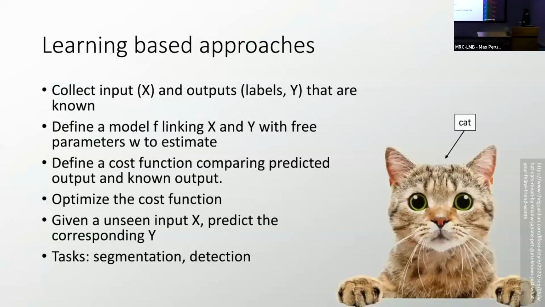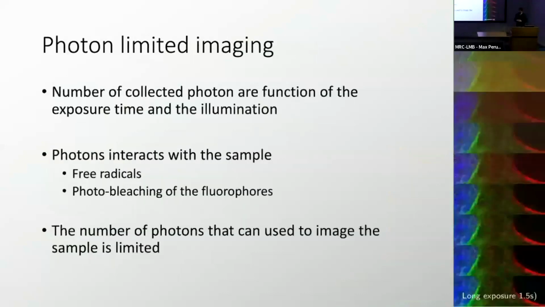So one task we talked about is improving the image. When we do microscopy, we often have photon-limited imaging. So the number of collected photons is a function of the exposure time and of the intensity of illumination. The photons interact with the sample, and so they create free radicals and bleach the fluorescence.